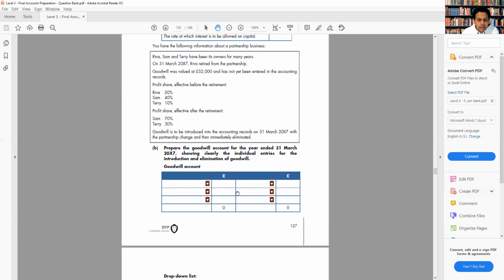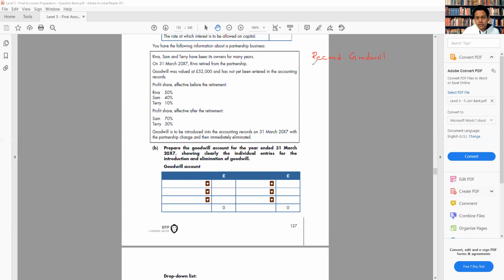So let's have a look. What was the goodwill here? With the old profit ratio, record goodwill.